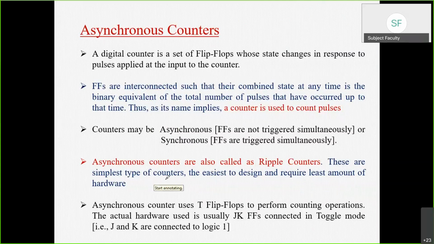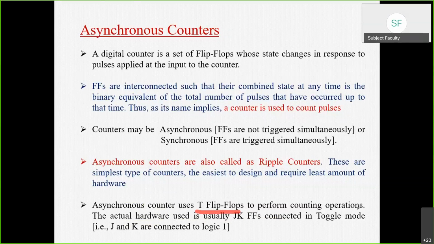These are the simplest type of counters, easiest to design, and require the least amount of hardware. The asynchronous counter uses T flip-flops, which I told you about while discussing T flip-flops, so we will use them to perform counting operations.